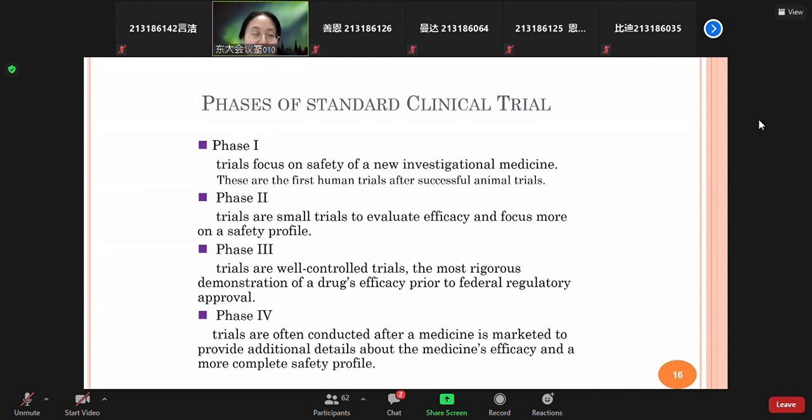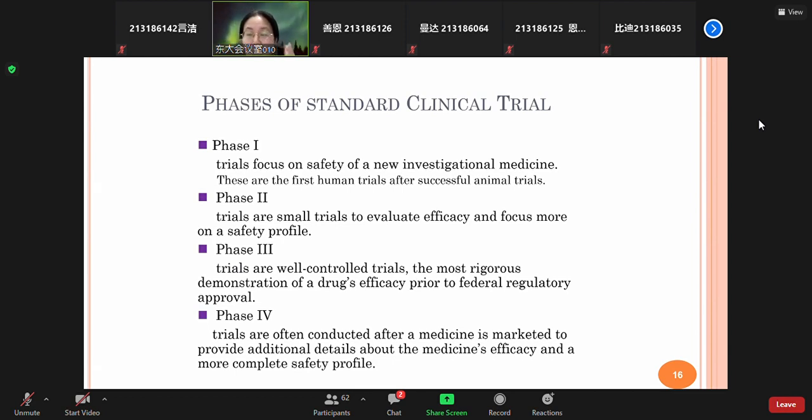that's about the phases. And for different phases, here I list the main objective of the different phases. Just like phase 1, we try to find the maximum dosage. That means we focus on the safety of a new medicine.